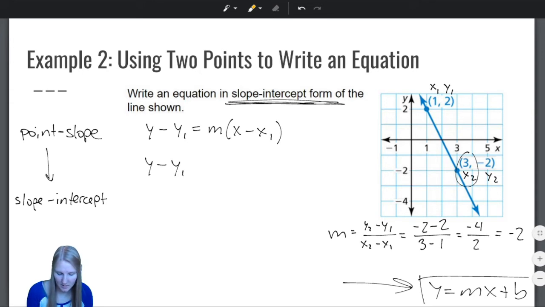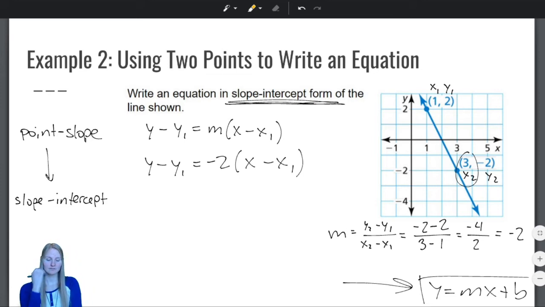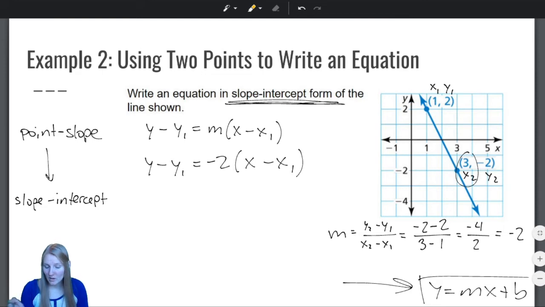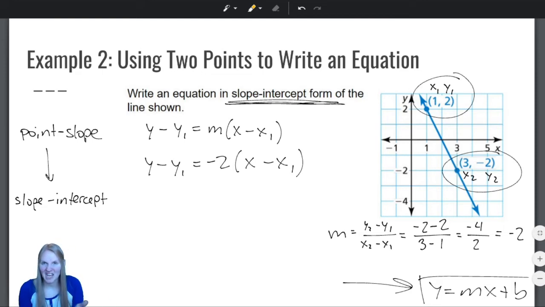So let's plug that in. We have y minus y1 equals negative 2 times x minus x1. And oh my goodness, look at that. We already know what x1 and y1 are. Now remember, when we pick which point is x1, y1, and which point is x2, y2, it doesn't matter which one is which.